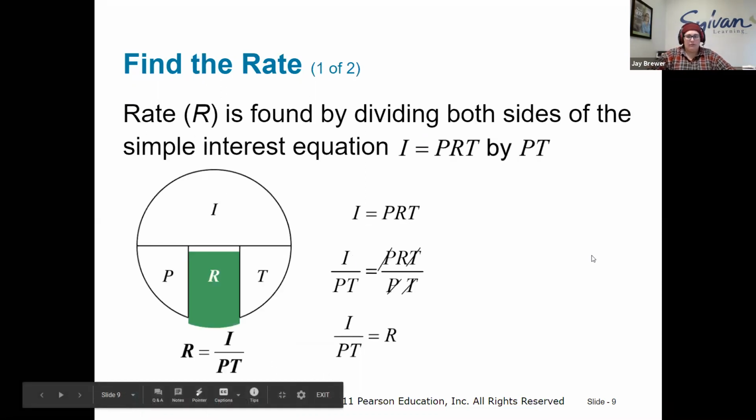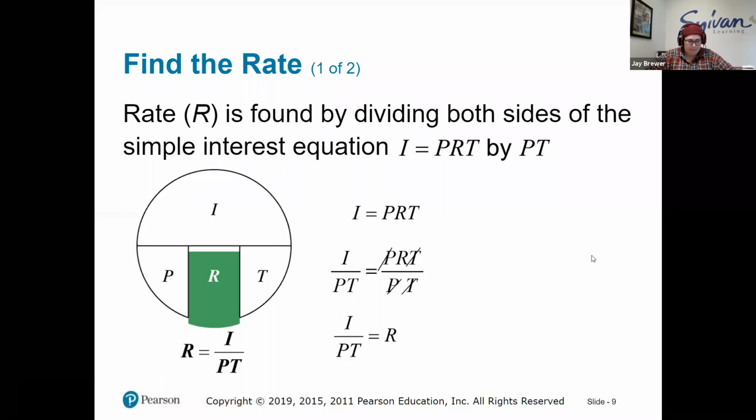All right, so now we have to look at finding rate. And again, you're going to basically look at the interest formula and rewrite it to find rate. So rate is going to equal interest divided by principal times time.